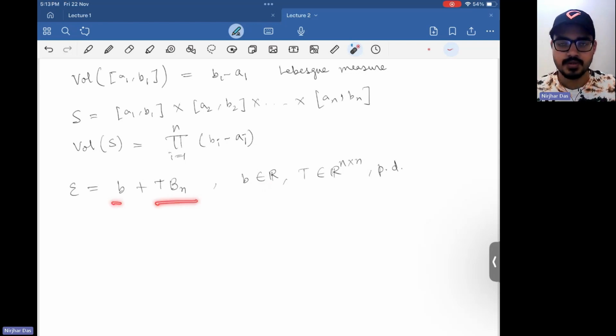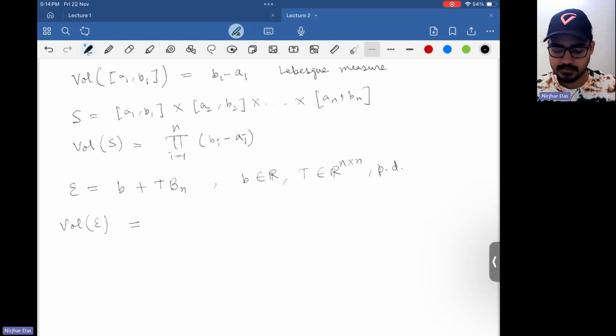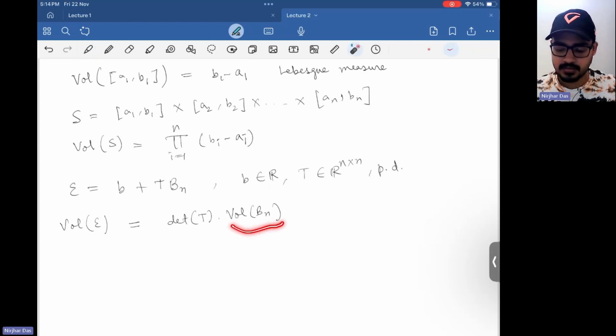So b plus T of Bn is an ellipsoid generated using b and T, and we want to define the volume of this E. Using some arguments that I won't go into here, you can take this as a definition: the volume of this ellipsoid is the determinant of T times the volume of Bn.